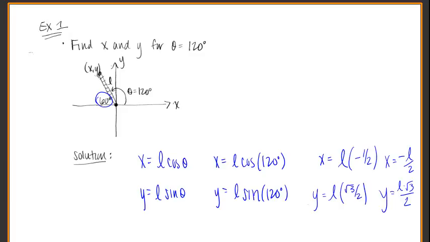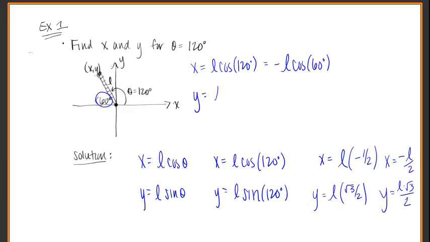So what we could look at is the same thing: if x is equal to L times the cosine of 120, I could use the remaining 60 degree angle and say it equals negative L times the cosine of 60 degrees. And negative L because you're in quadrant 2. This is a way of using a reference angle. Okay?